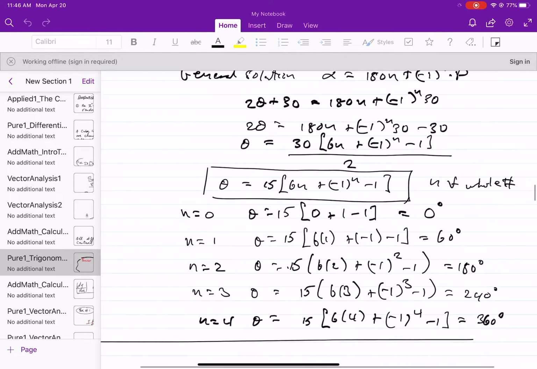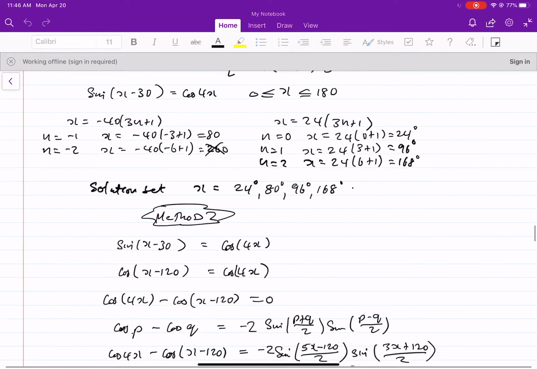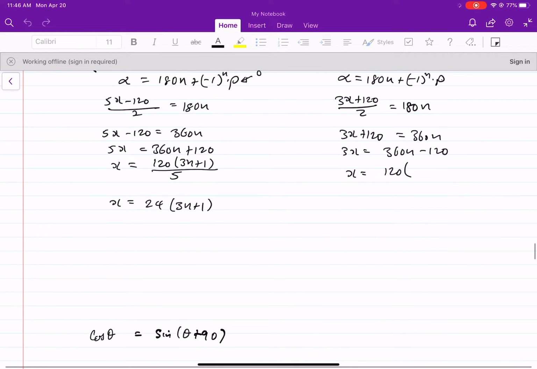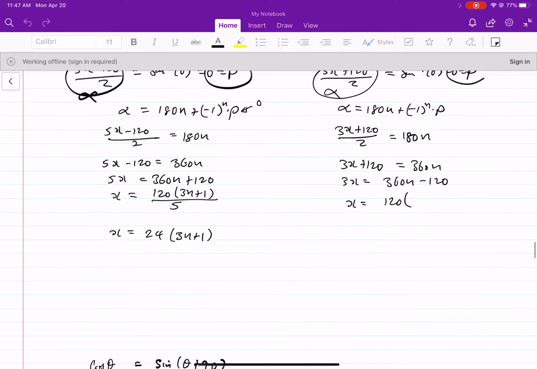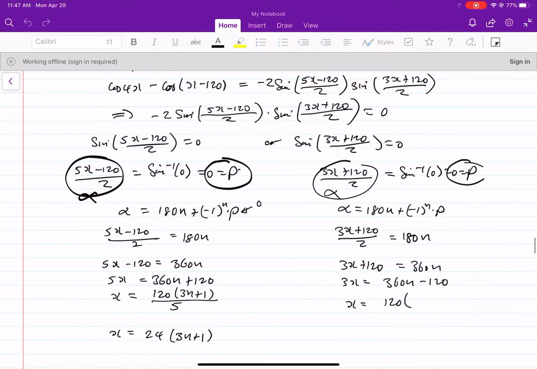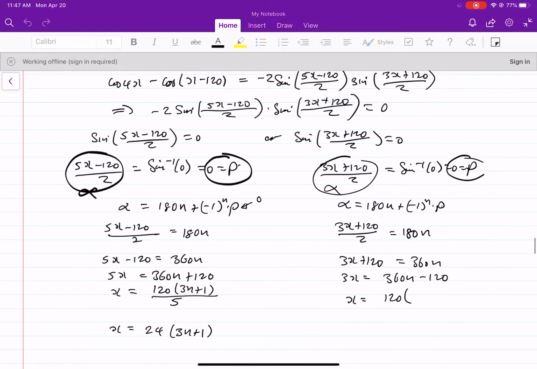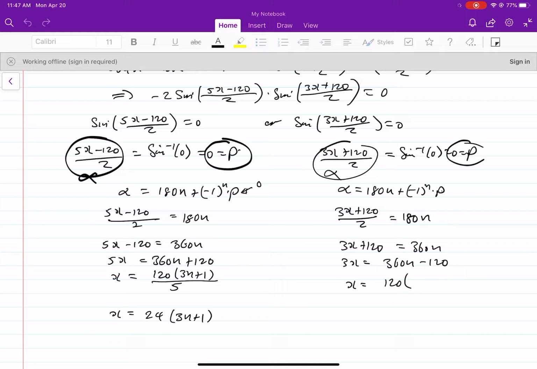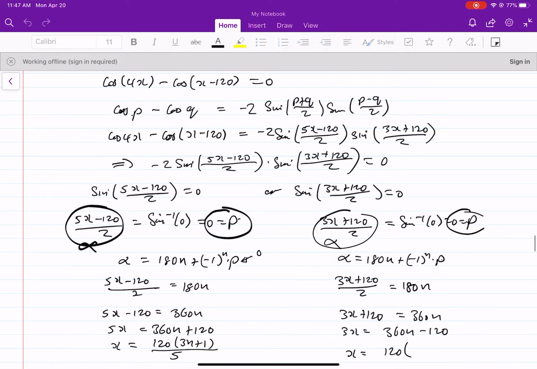Okay, where was I? Before I was so rudely interrupted. Am I missing something here? I'm missing a minus sign. 3x plus 120 over 2. X is 40 into 3n minus 1.